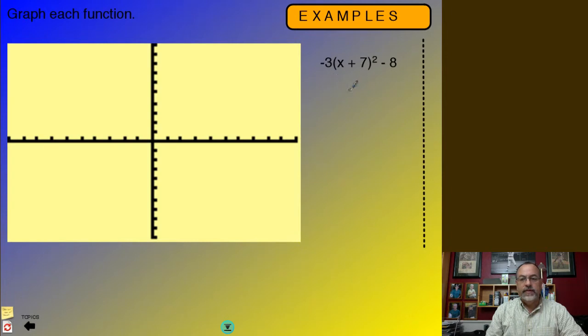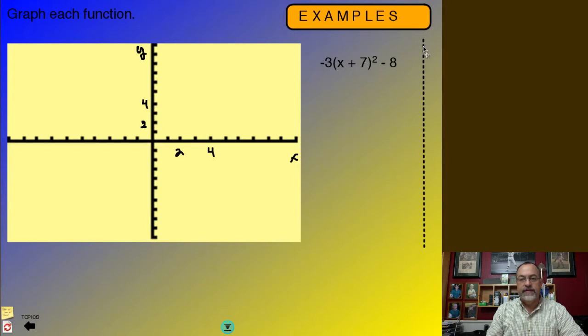All right, my next example here, again, we're in vertex form, so we can go ahead and label our axis here. So I notice a negative sign, so again, I have a parabola that's going to open down. The 3 is a stretch, so it's going to be kind of narrow. And again, I can use the horizontal shifts to get my vertex very quickly.